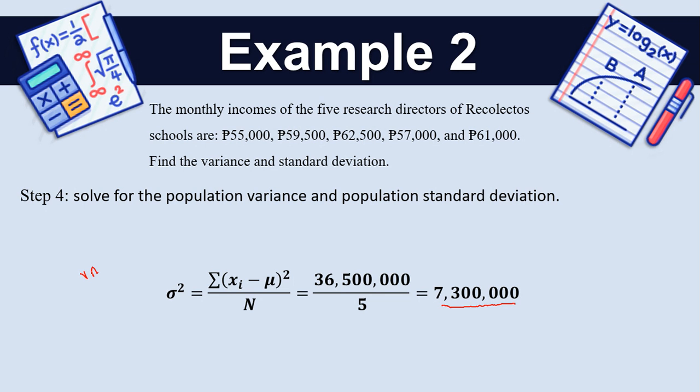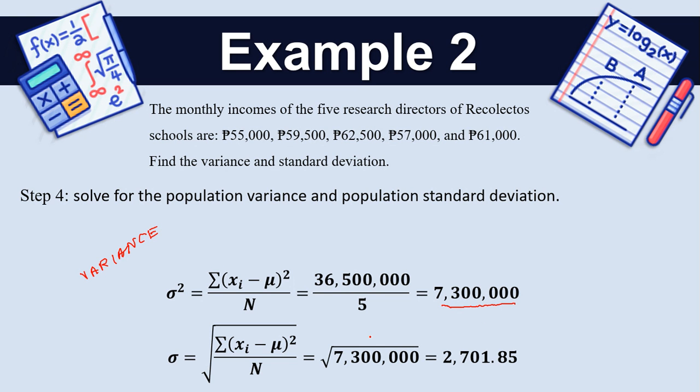Next naman po is yung pagkuha ng standard deviation. Again, sa pagkuha ng standard deviation, hindi na po kailangan ulitin natin yung computation. Okay, kuhain lang natin yung pinaka-answer natin dito kay variance and then square root na lang po natin siya.